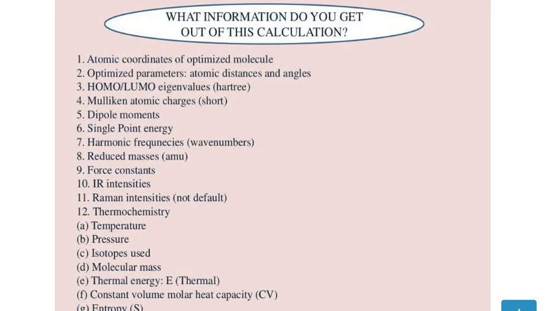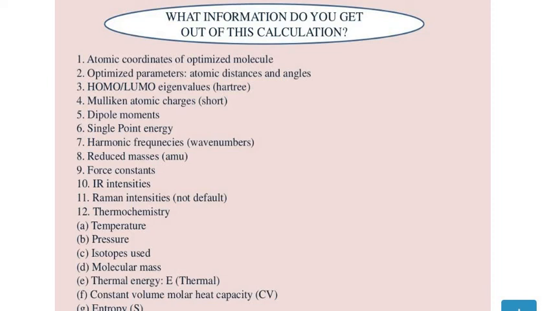So what information do you get out of these calculations? I am going to read one by one and you write it down. First, atomic coordinates of the optimized molecule. Second, optimized parameters, atomic distances and angles.